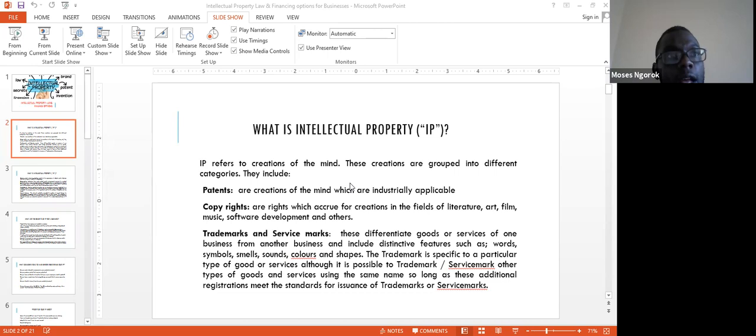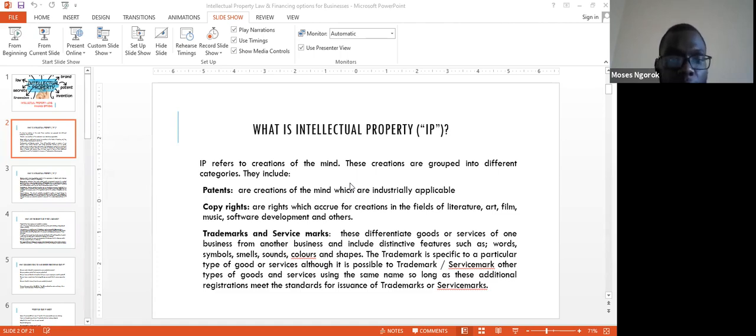When you reduce whatever you're creating into written form, either by typing or writing code, it becomes yours, you own it. Registration is only for the purpose of getting evidence of a certificate as proof in case of any contention.